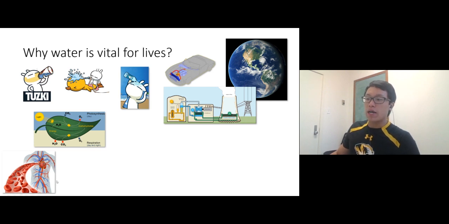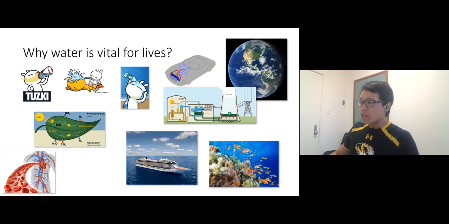Our cells, enzymes, and DNA can function well in water. We use water for leisure and as a habitat for other living things. So water is really important, and only water can do this because water has the appropriate properties for all these uses, all these applications.